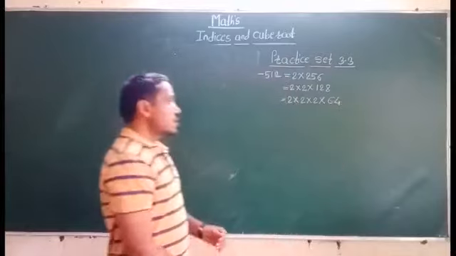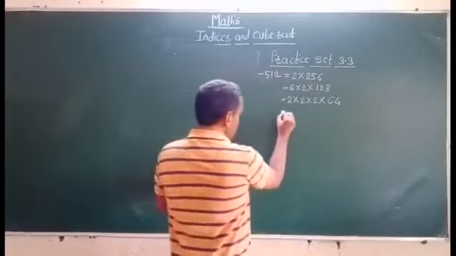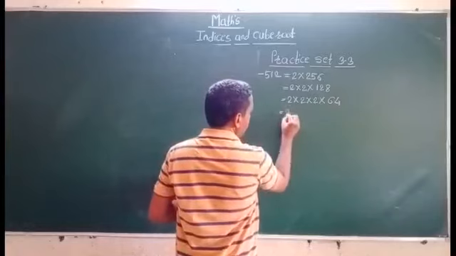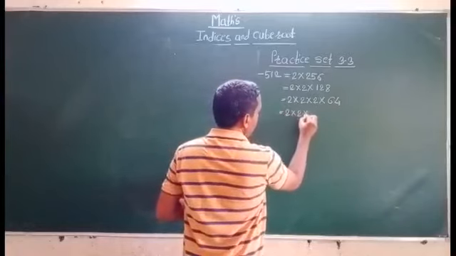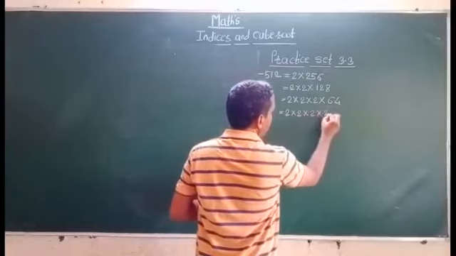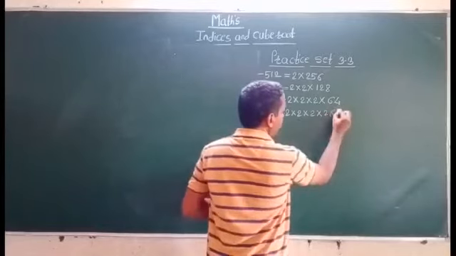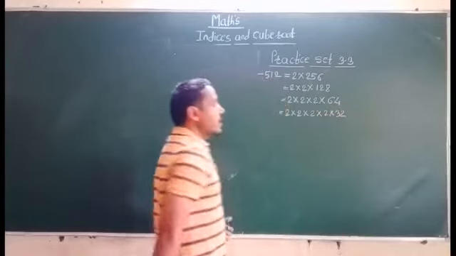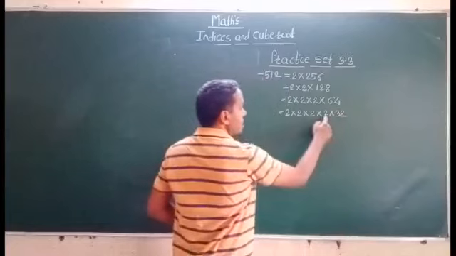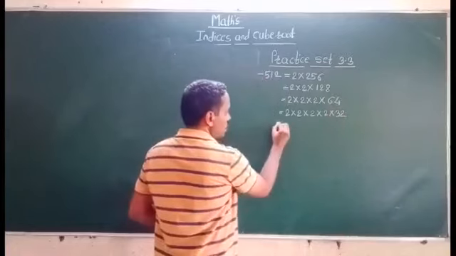So that 64 is again split up by using the prime factor, and 64 is again divided by 2. We get the answer 32 from the 64.